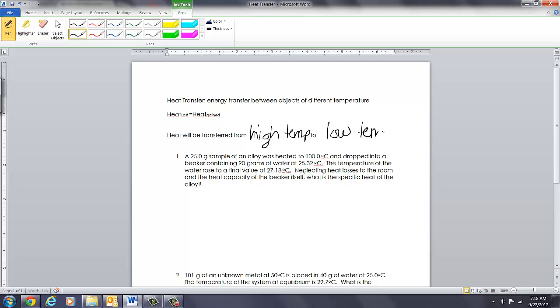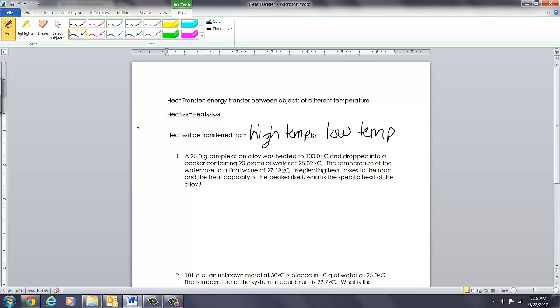The warm person will be warming up the cold person. Now the person who was warm to begin with is going to feel colder, but it's not because they transferred the cold to them. They're losing their warmth, so they feel colder.